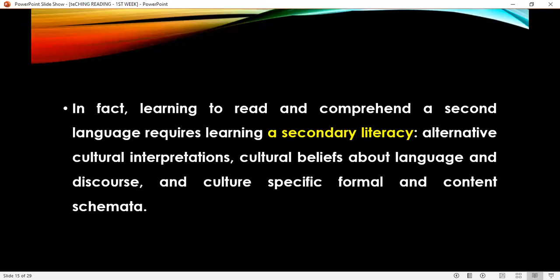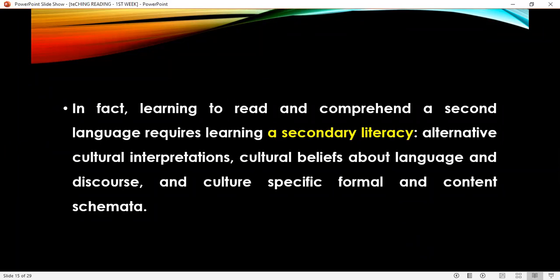So they are going to have a second literacy, a secondary literacy, so we are able to manage these two languages. It means that we have two cultural backgrounds and two bodies of knowledge about the structure of the language.